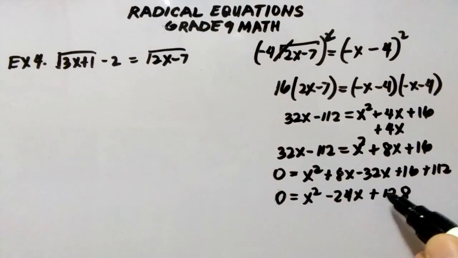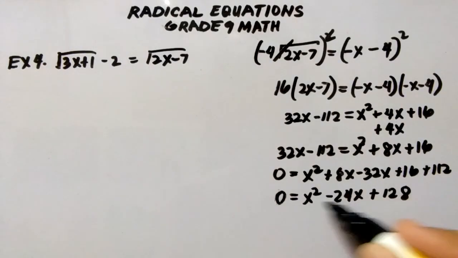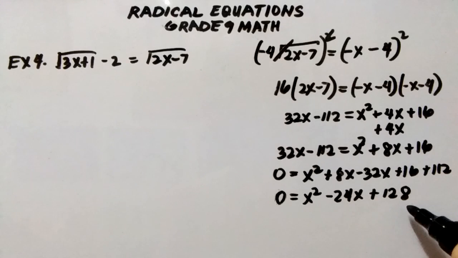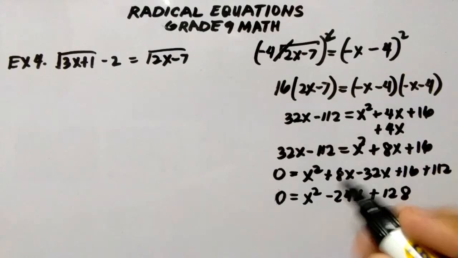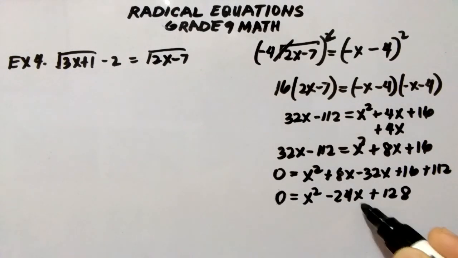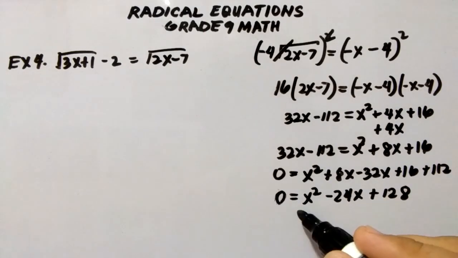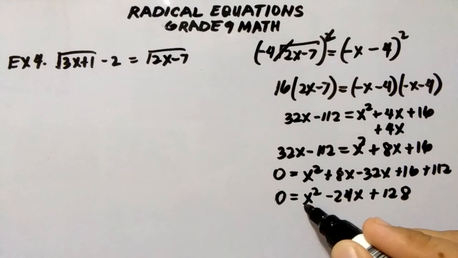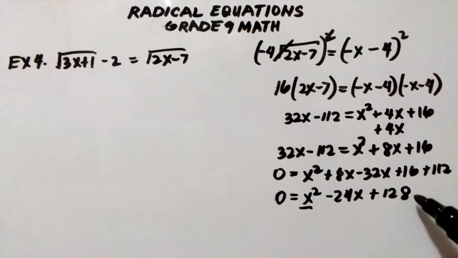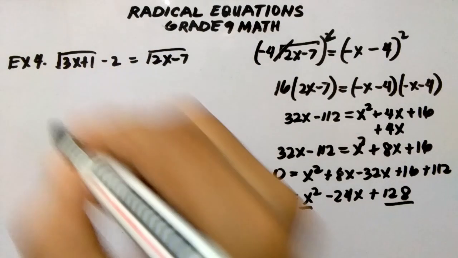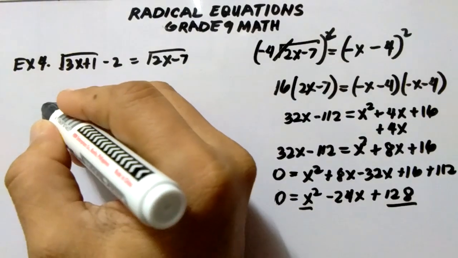Okay, so using trial and error method, kukunin po natin ang factors ng x squared minus 24x plus 128. Okay, so ito po ang hahanapin natin. So negative 24x. So ang gagawin po natin is kunin po muna natin ang factors ng first term, ito pong x squared, at yung third term, so 128.